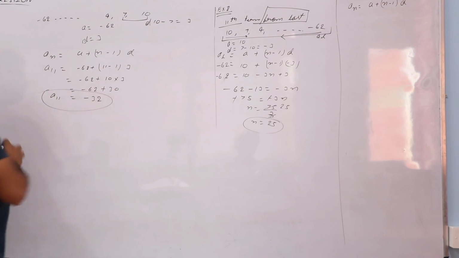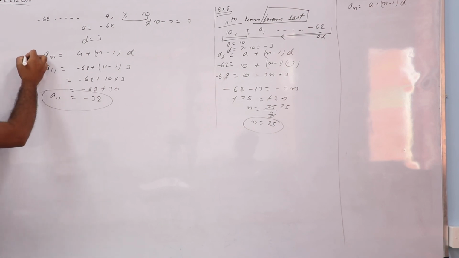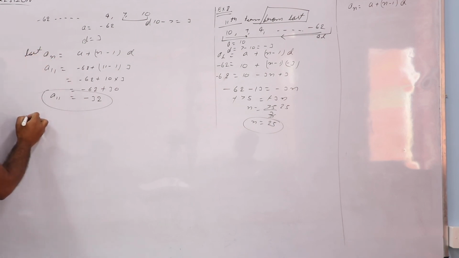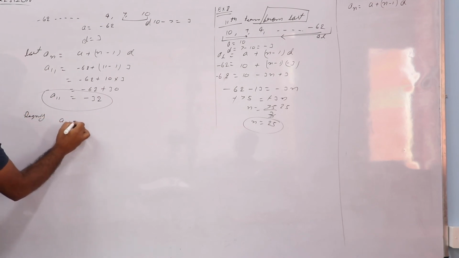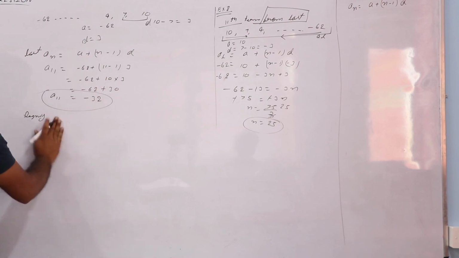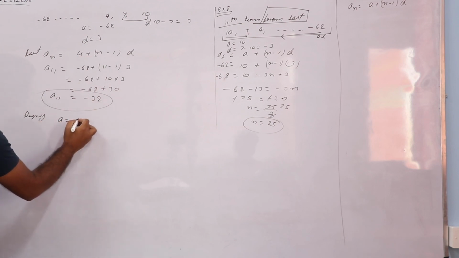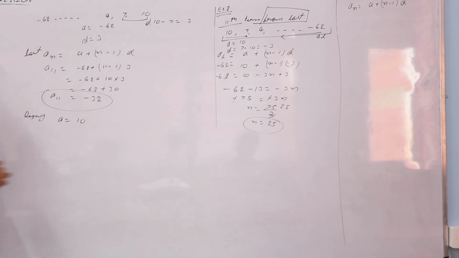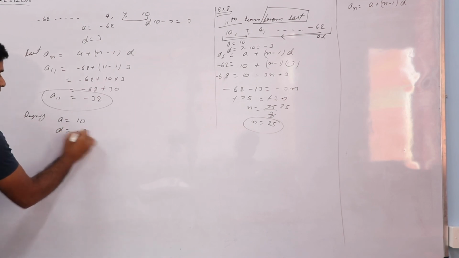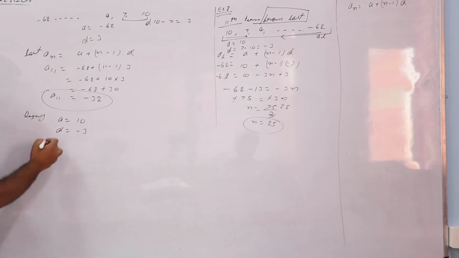And that is a11 from the last, not from the beginning. If you try to find it from the beginning, then a will be 10 and d is equal to minus 3, and we should find the 11th term.